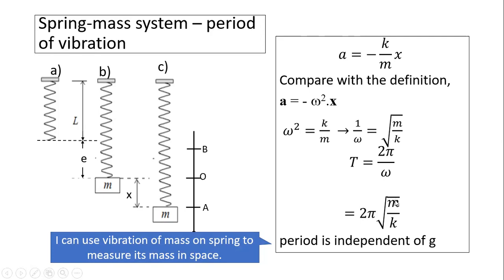That's why we measure mass in space. We first have to calibrate it: calibrate different masses, what is the period? And then in space, if you want to measure the mass of anything, we just find the period and then use a calibration graph to get the mass.